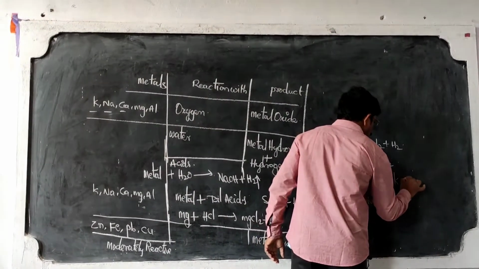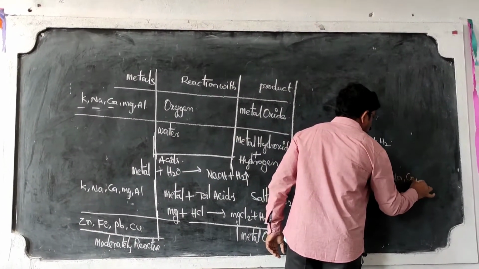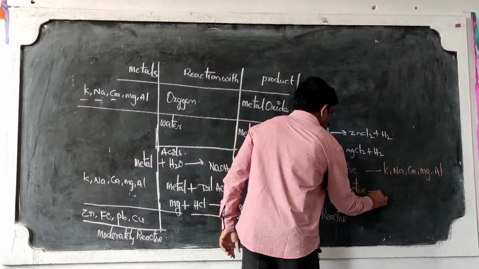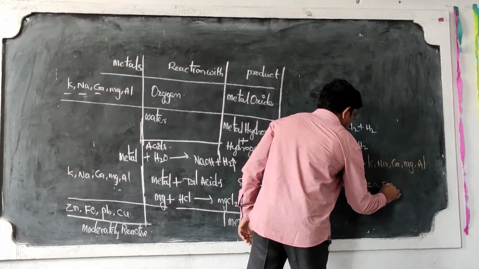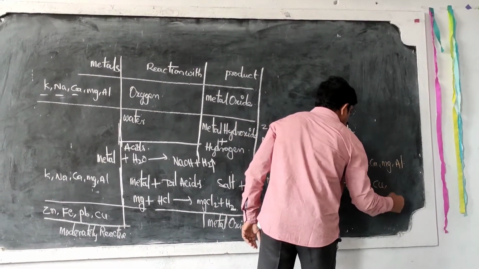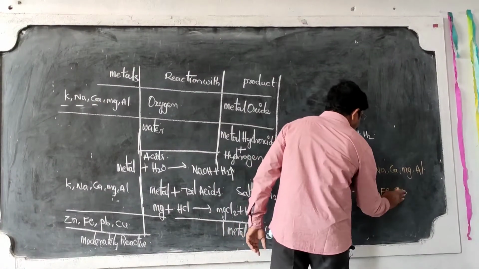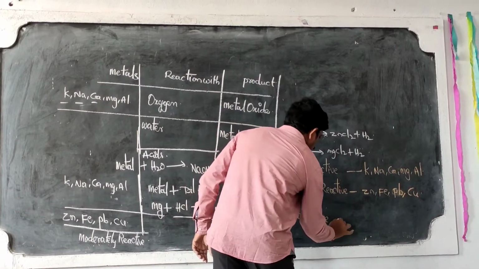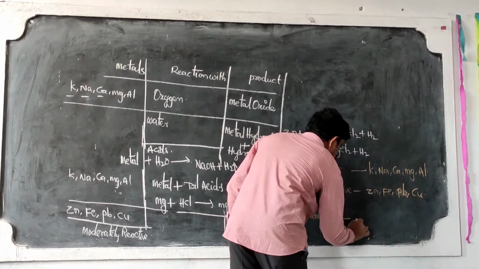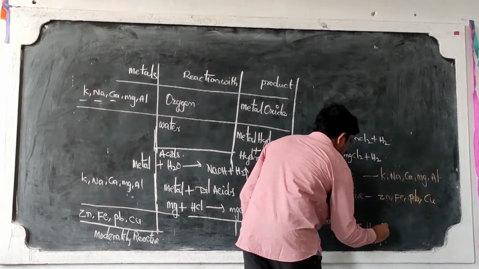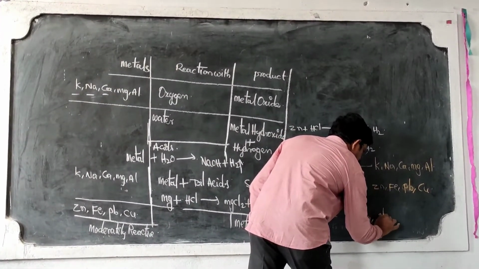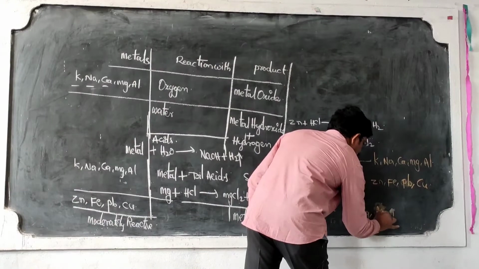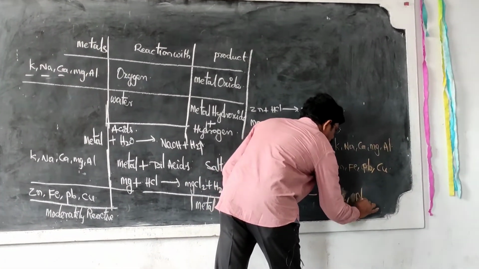Potassium, sodium, calcium, magnesium. Okay, lead and next, low reactive, what are those? Mercury, platinum, gold. Next here, see this one, silver, platinum, gold.